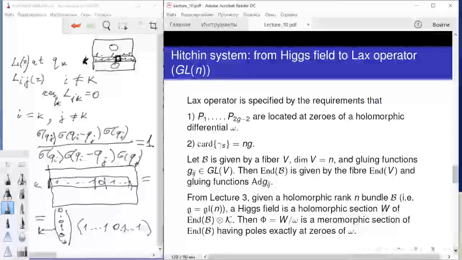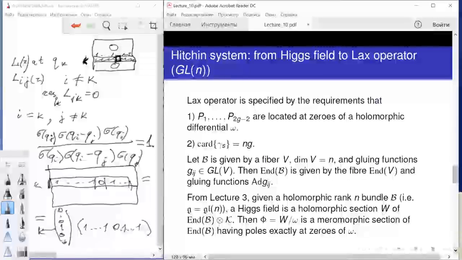We consider a holomorphic bundle B with a fiber V, which is n-dimensional, given by gluing function Gij.